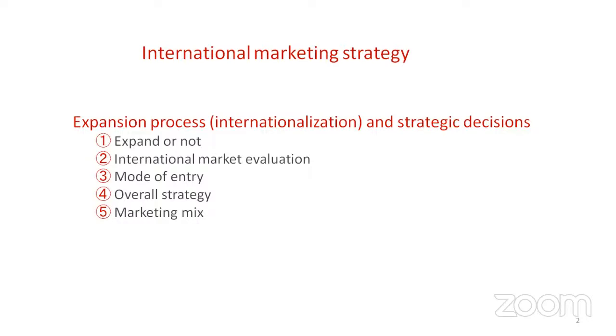Direct way in distribution, as we discussed in the previous class: whether to enter through a direct marketing strategy, a manufacturing strategy or a retailer strategy, what our mode of entry is. Okay, as a franchisor, sorry. So how to enter our business into the international market, that is the point.